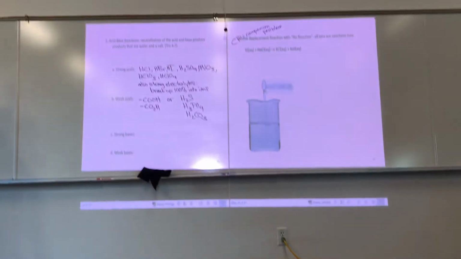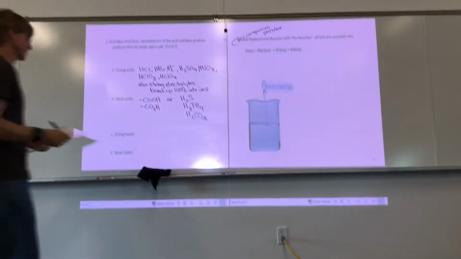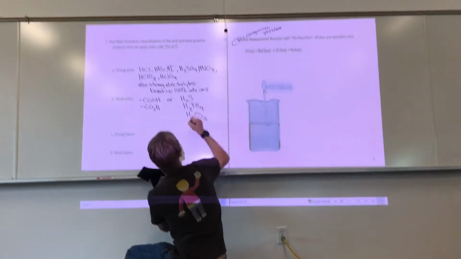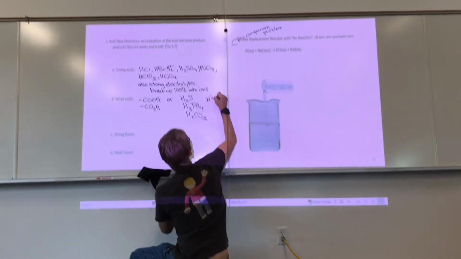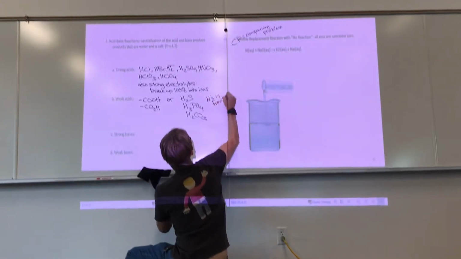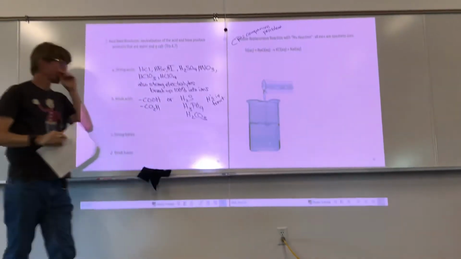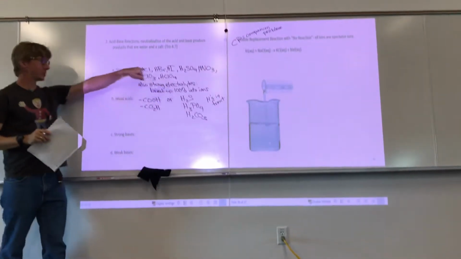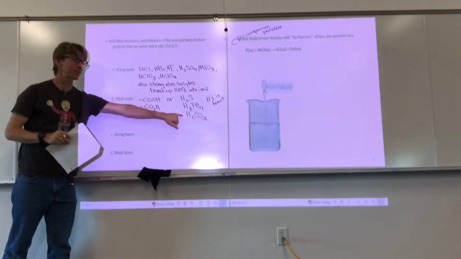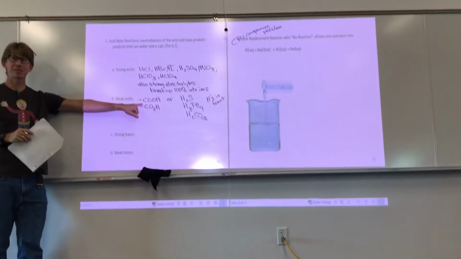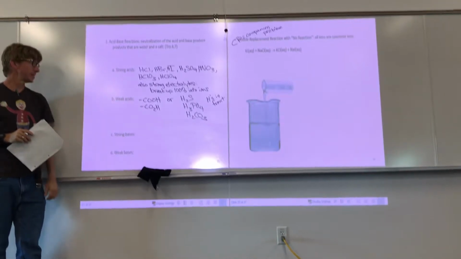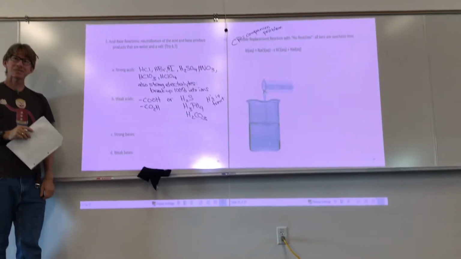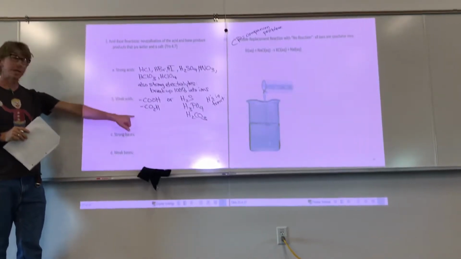Or H is in the front. And if the H is in the front, you have to memorize your 7 strong acids to tell them apart. Otherwise, just look for the COOH. Weak acids are also weak electrolytes.